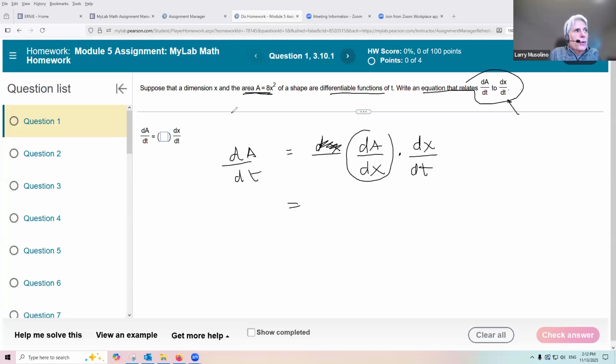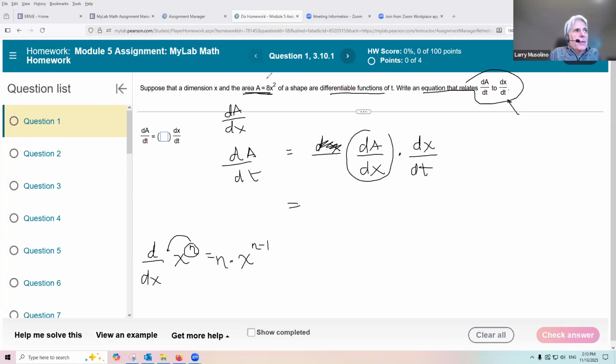Well, if we take the derivative of A with respect to x, I'm going to use the power rule for derivatives. Let me remind you about that. If you want to take the derivative of x to an exponent, the rule is you take the exponent and bring it down in front of x as a multiplier. And then on x, you make the new exponent 1 less than the exponent you started with.